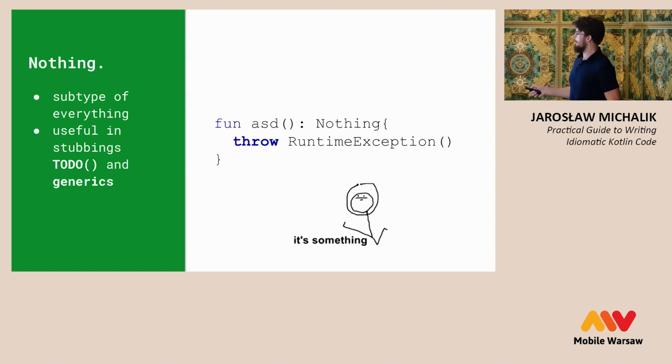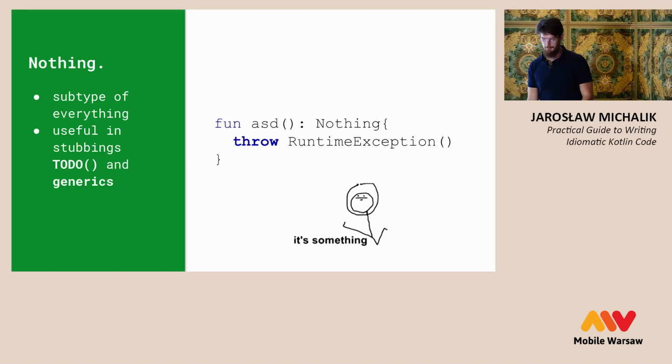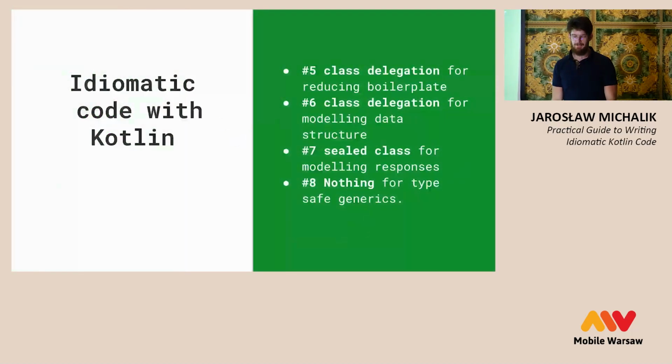So, for example, it always throws an exception. Unit is a type in Kotlin, so a function without declared return type will return unit. But to have a function returning nothing, we have to always throw an exception.